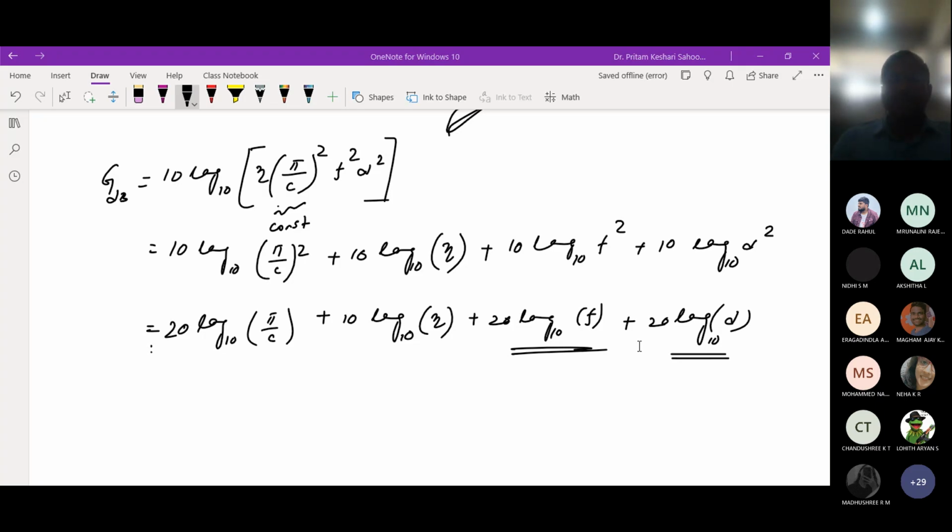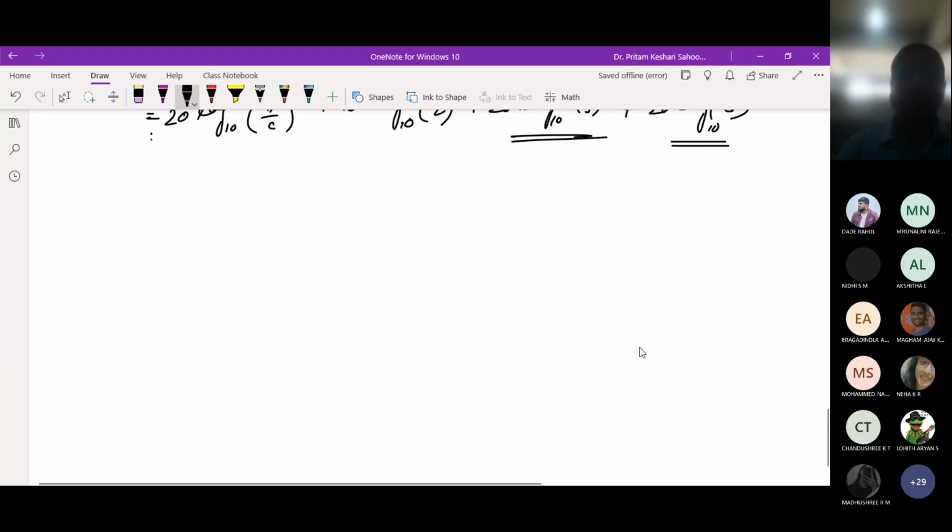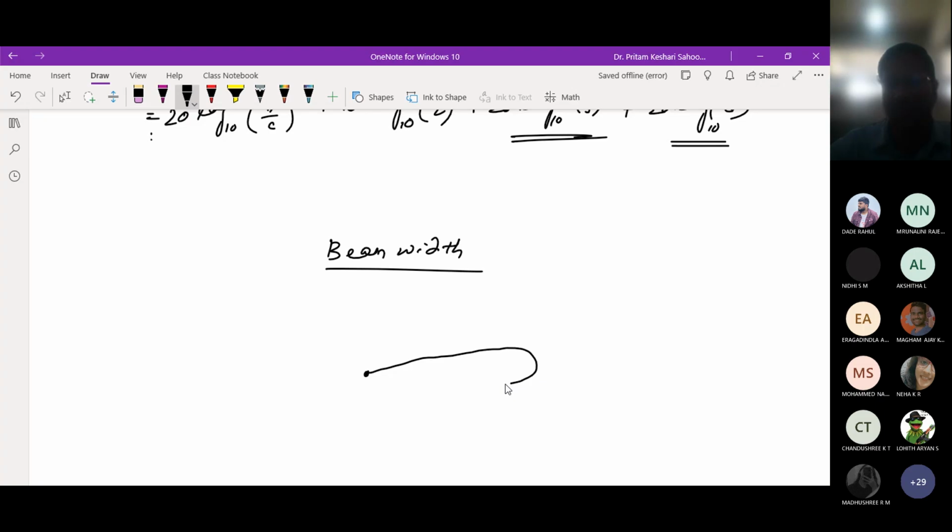Now, we have also discussed the beam width of the antenna. If you recall, normally, assume this is the antenna which is radiating a beam of signal.